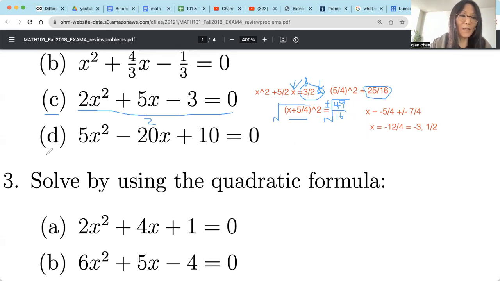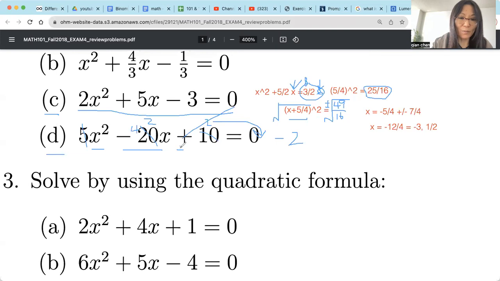D is very similar. We want to divide everybody by 5. Divided by 5, we get a 1. Divided by 5, we get a 4. Divided by 5, we get a 2. So then we want to move this 2 to the other side, it becomes -2. So on the left-hand side, we have x squared minus 2x, right, equals -2.